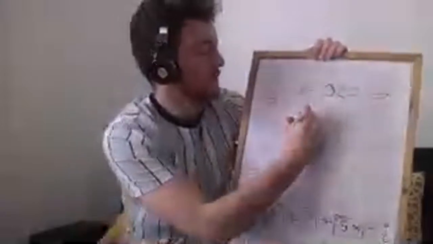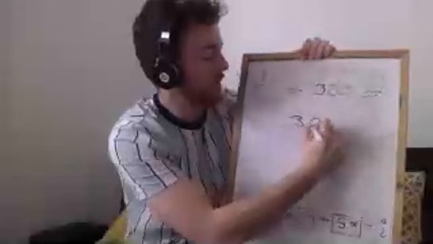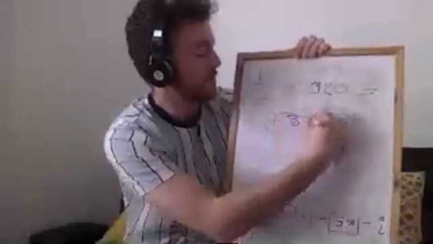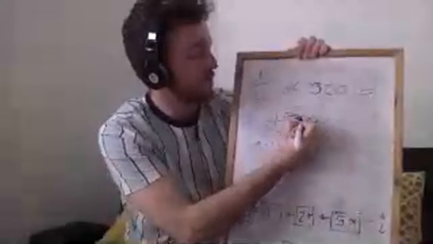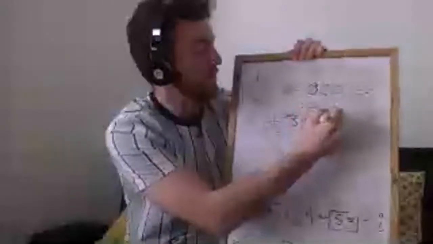To do that, I take 320 and I divide it by 4. 4 into 3 doesn't go, 3 carries over. 4 into 32 goes 8 times and nothing. My answer there would have been 80.